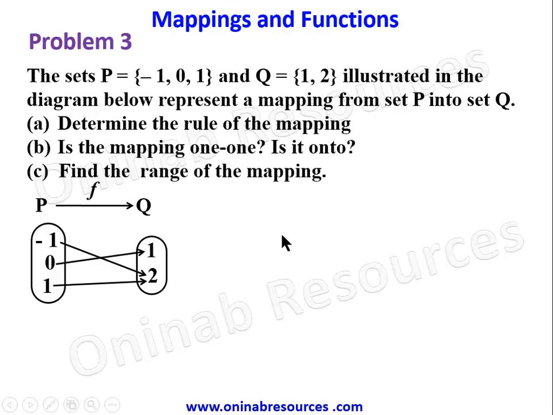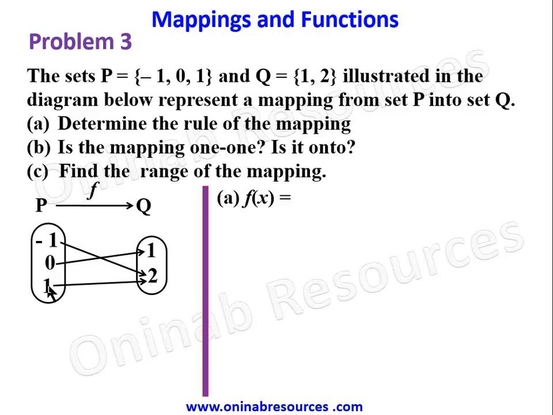We are to determine the rule of the mapping. So to get f of x, this cannot be a linear function because 2 is an image of both -1 and 1. So something like squared must come in there, because -1 squared and 1 squared will give us the same value.